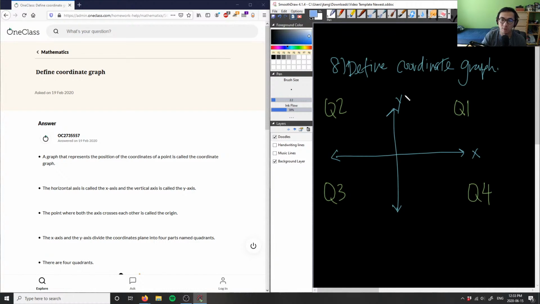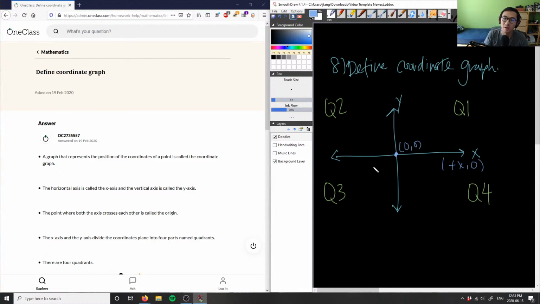So what else? What are some other features of a coordinate graph? Well, this point here, the intersection between x and y is 0, 0. If I go further increase x here, this here would be 0 and positive x. If I go towards the left here, this is positive x and 0 and 0.